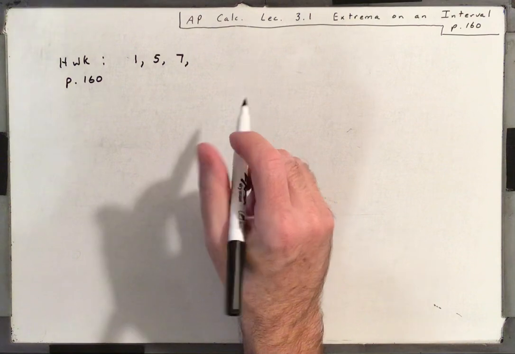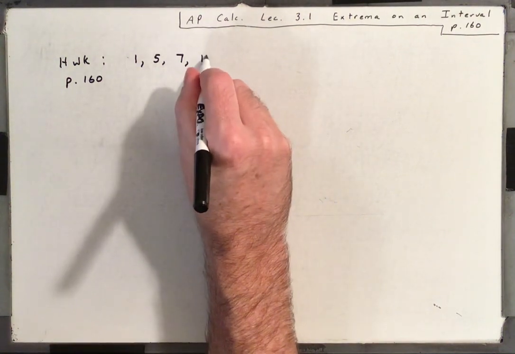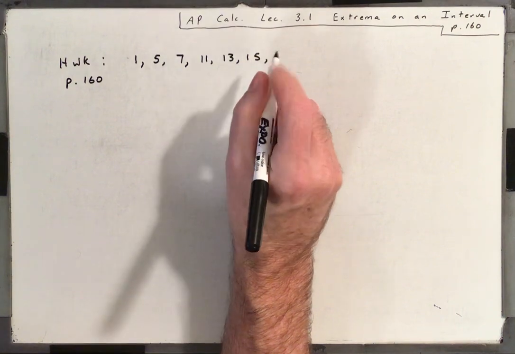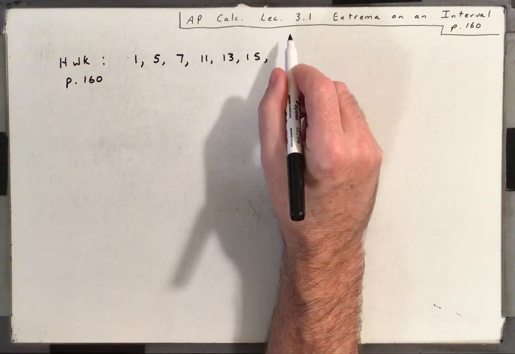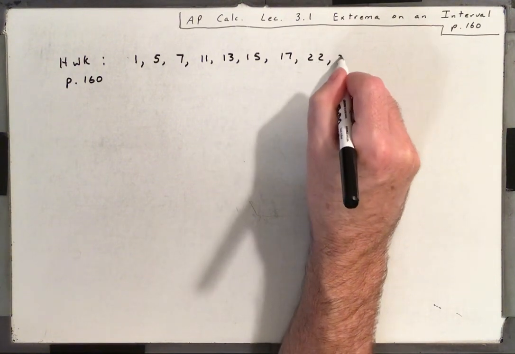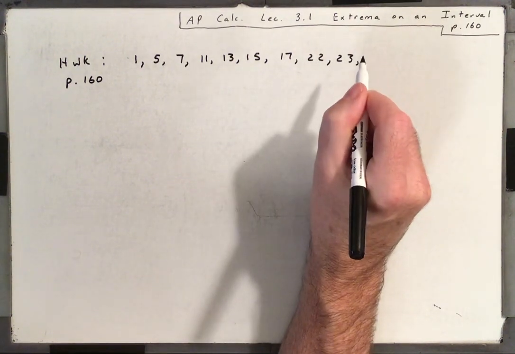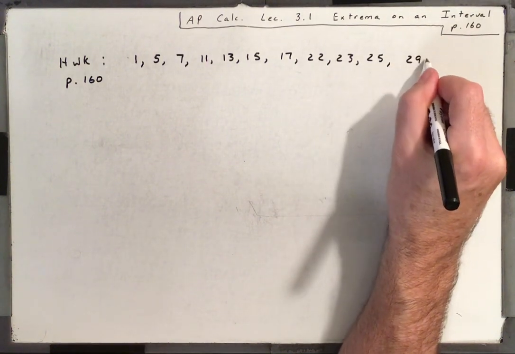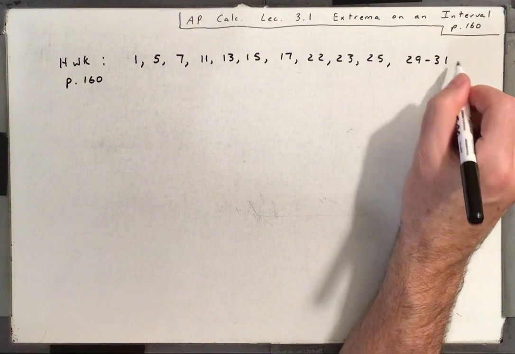So 1, 5, 7, 11, 13, 15, 17, 22, 23, 25, 29 through 31.